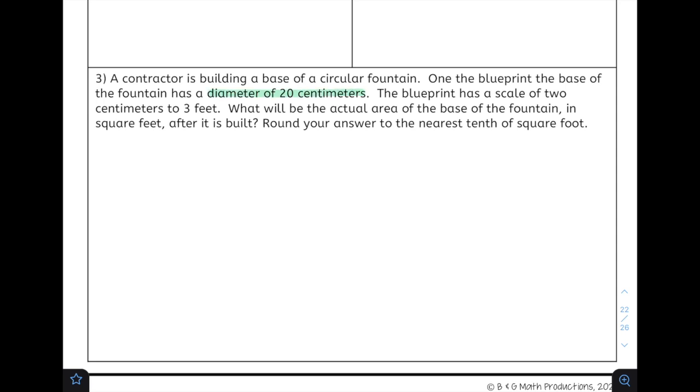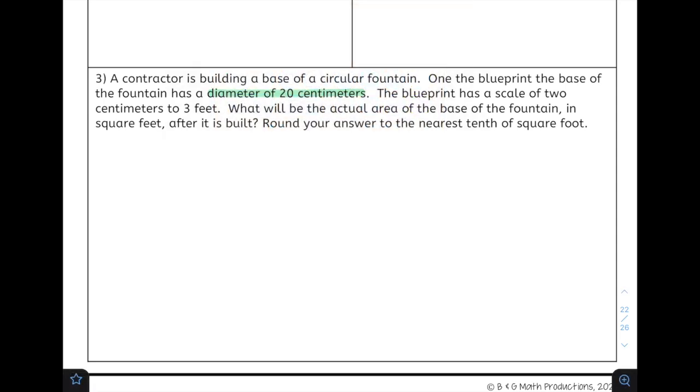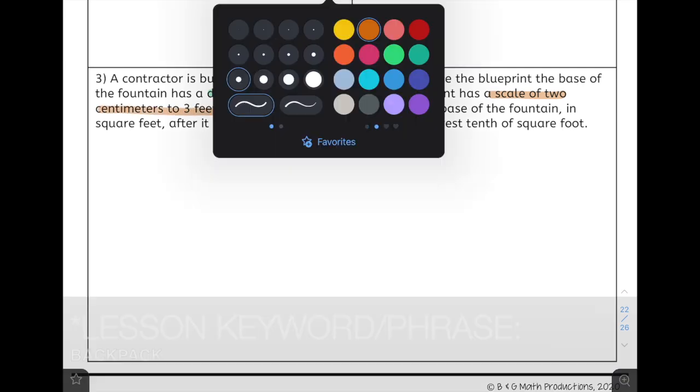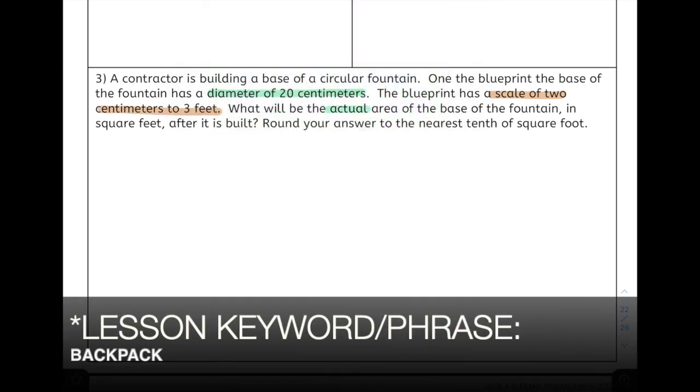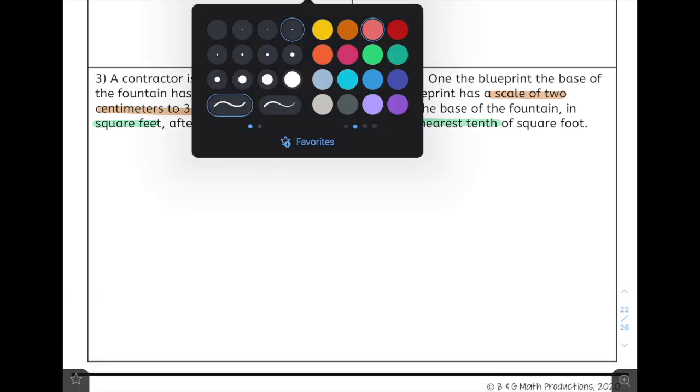We have a diameter of 20 centimeters. This is the blueprint. You need to remember that the blueprint has a scale of 2 centimeters to 3 feet. You want to find the actual area of the base in square feet, and then you're rounding your answer to the nearest tenths place. So here we have 2 different things we have to deal with.